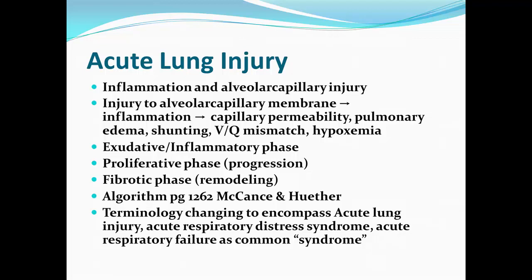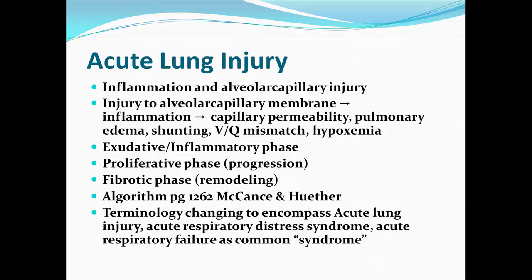Neutrophils are essential to both the development as well as the progression of this exudative phase. The other thing that's very important is surfactant. Surfactant, because it decreases during this phase, would therefore lead to decrease in gas exchange, and this is critical.